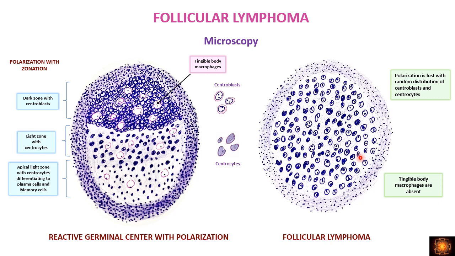We see an admixture of centroblasts and centrocytes, and we don't have any tingible body macrophages because the cells have overexpression of BCL2, so the cells don't undergo any apoptosis. So this is how the follicular center appears. We don't have zonation and we don't have tingible body macrophages in the follicles of follicular lymphoma.